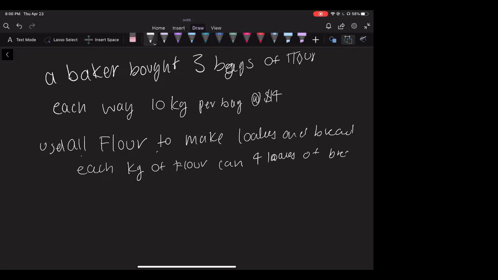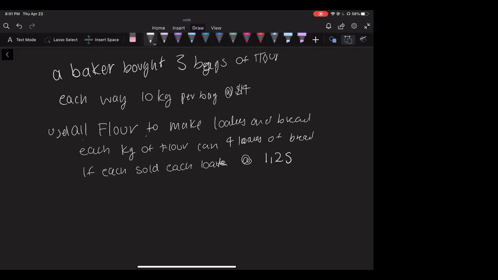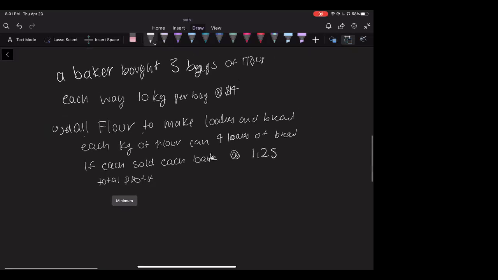If he sold each loaf of bread at $1.25, how much would he make? Find his total profit. We have to use the graph.